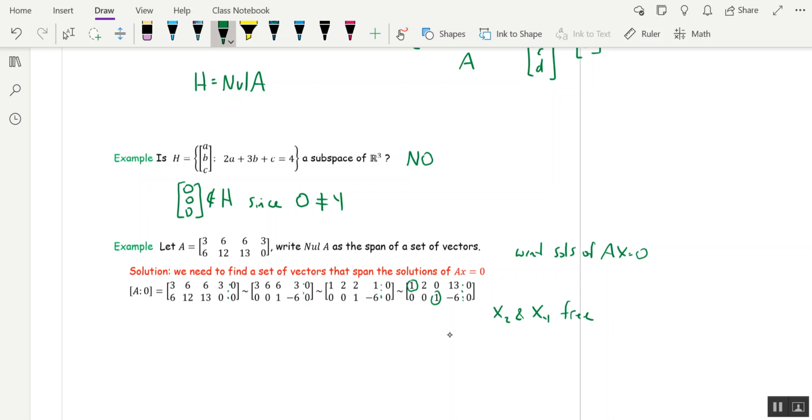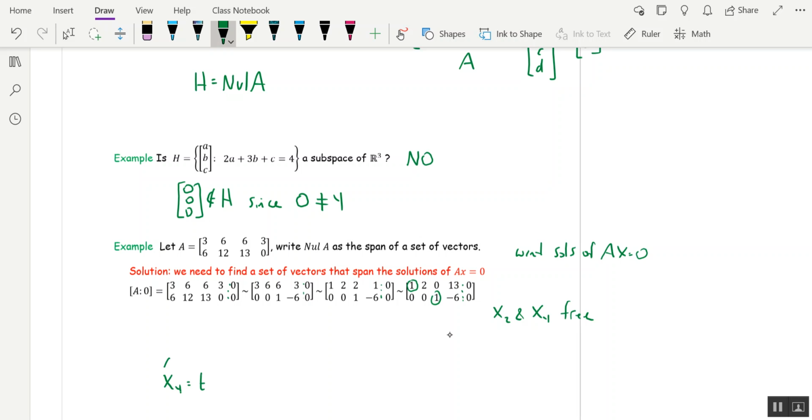All right, x2 and x4 are free. So remember how to write down a solution in parametric vector form. You start at the bottom. You start with x4. And I know there are 4 variables because there are 4 columns aside from the augmented column. So x4, that's free.